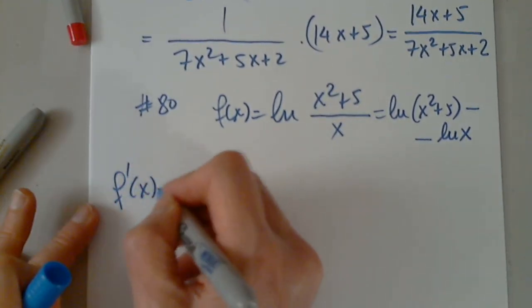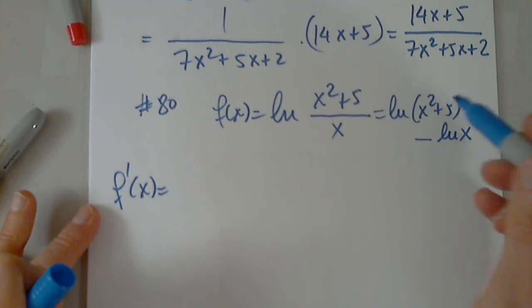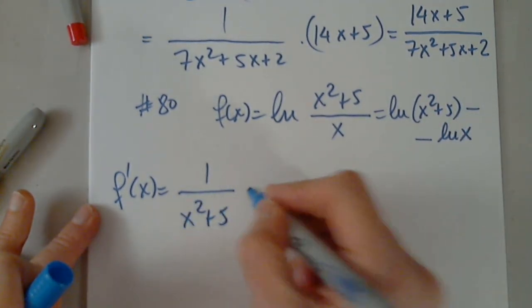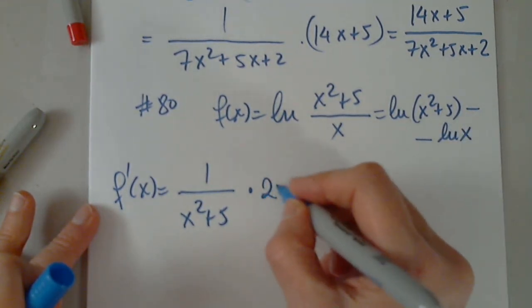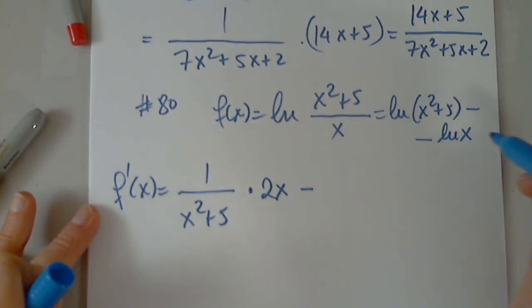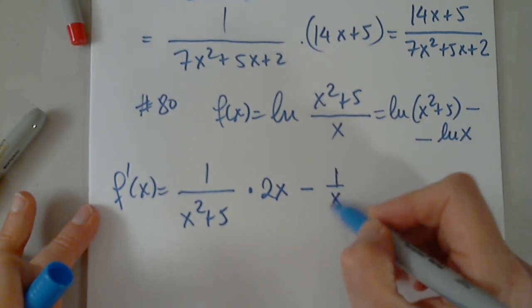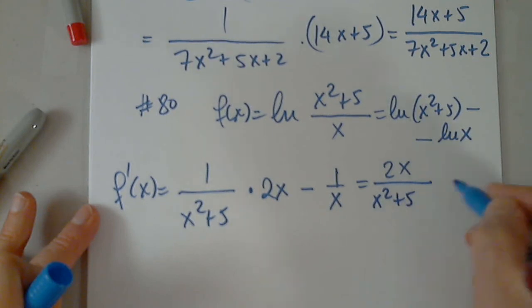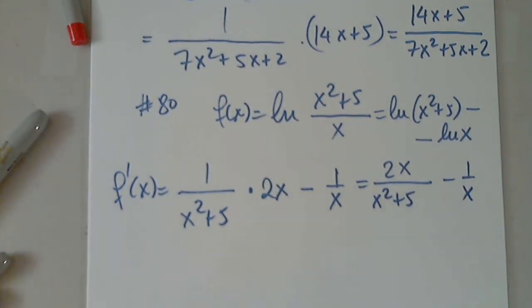And then f prime of x will be natural log prime, 1 over the function, times the inner function prime, minus natural log x prime, 1 over x. And you don't have to do anything to it. This is good enough. Unless something else follows, and then it's a different story. Then we have to find the least common denominator, etc., but not in this case.